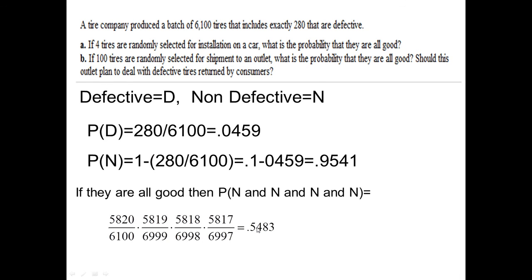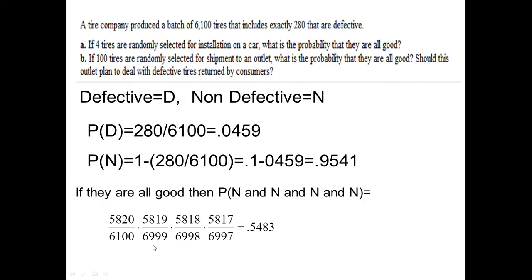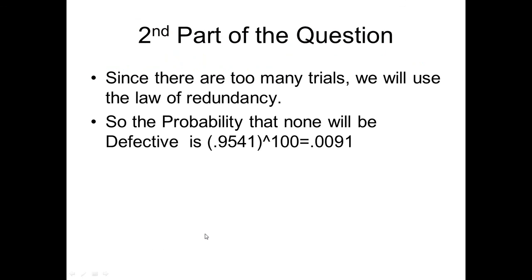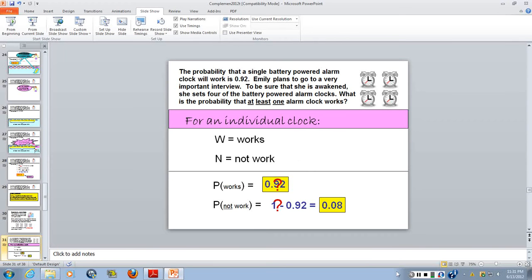To find the probability of at least one defective, take 1 minus this number and you get your answer. And that becomes the answer. So on this one, we use the complement, and we subtract that from 1 to get our answer. Thank you very much for your attention.